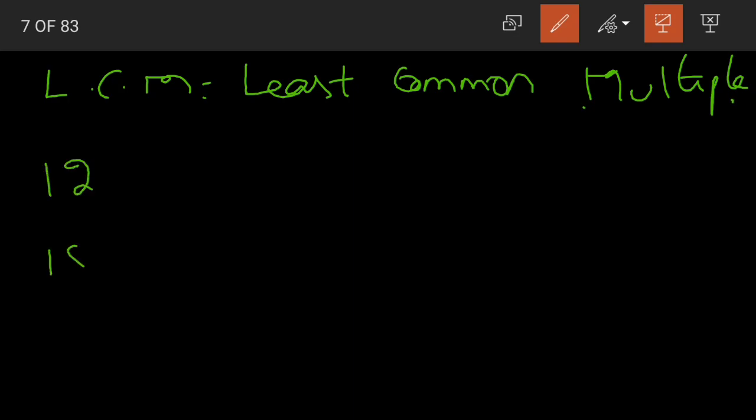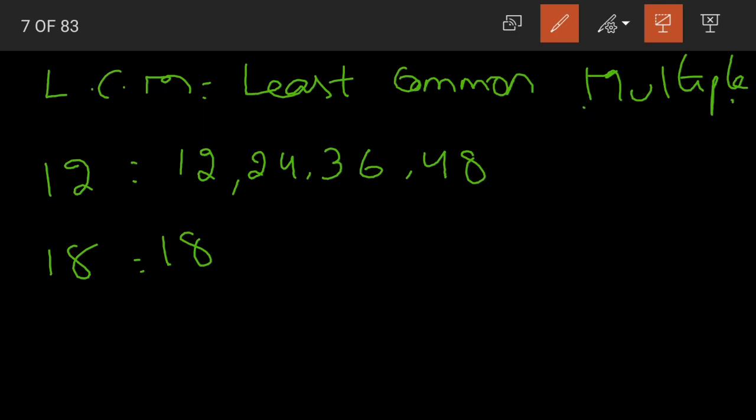For 12 and 18, the first multiple will be 12 ones are 12, 12 twos are 24, 12 threes are 36. Yes, 12 fours are 48. Now 18 ones are 18, 18 twos are 36. If we observe here itself, we got our least common multiple.